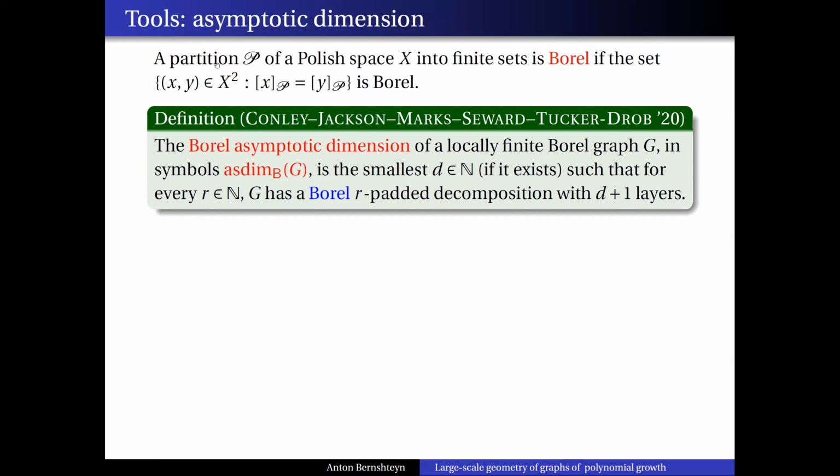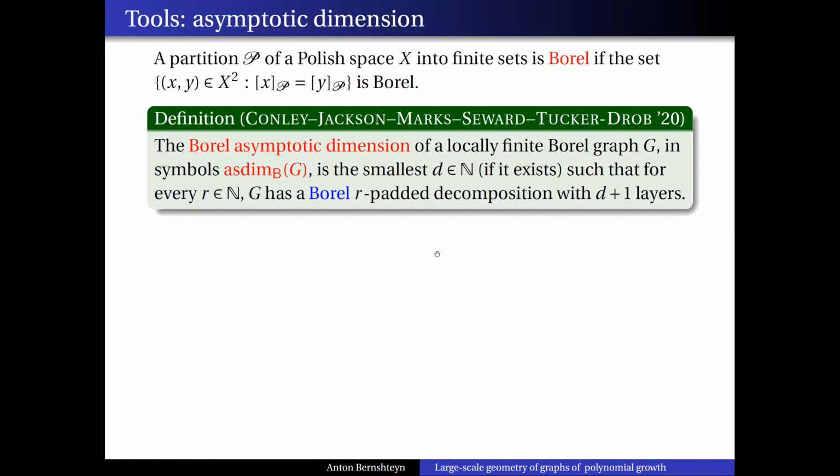But if you accept this, then in this paper that I already mentioned, where they provided new examples of amenable groups whose Cayley graphs are always hyperfinite, Conley, Jackson, Marks, Seward, and Tucker-Drop introduced this notion of Borel asymptotic dimension.